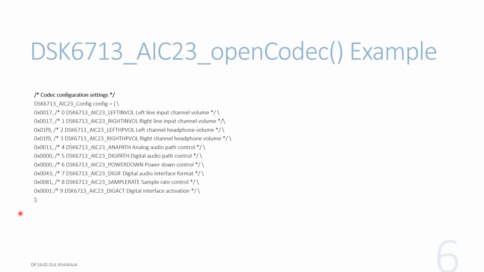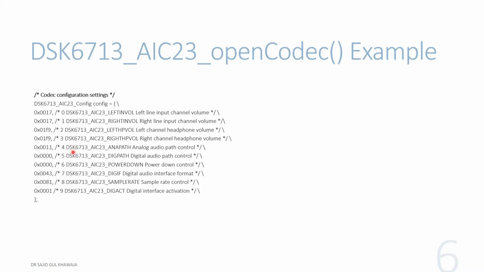Interestingly, we are already aware of these values. The default values can be gotten from the header file. So we do not need to remember all of these values. But we need to understand how these values are set. So we'll be covering that in a bit.